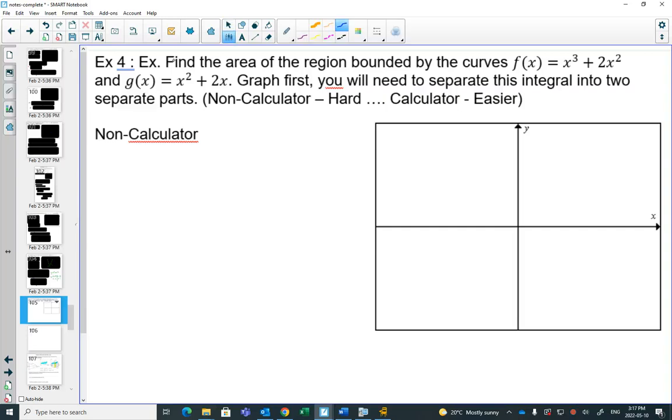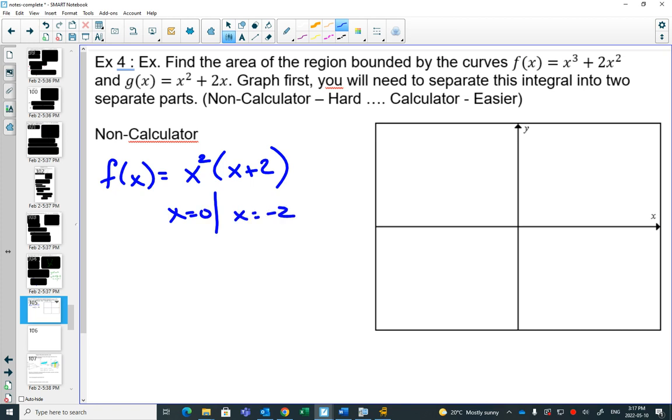So, if you wanted to draw a quick graph of f of x, notice you could factor out an x squared. You would have x-intercepts at 0 and at -2. It's a positive x cubed graph, so I know it starts down here.